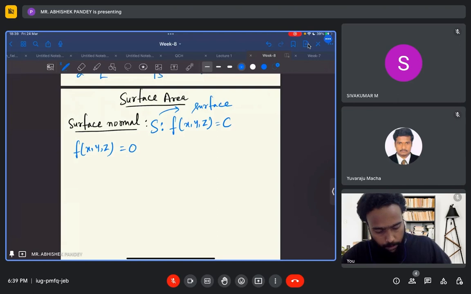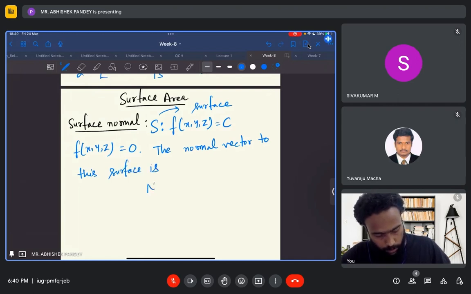Fine. So now the normal vector to this surface is basically the gradient of f.